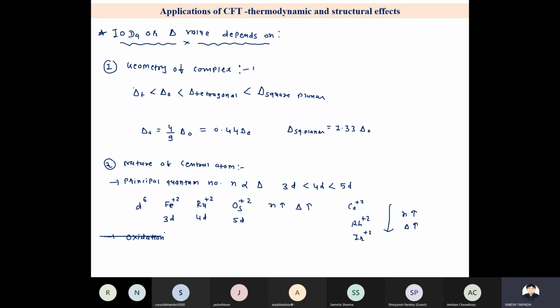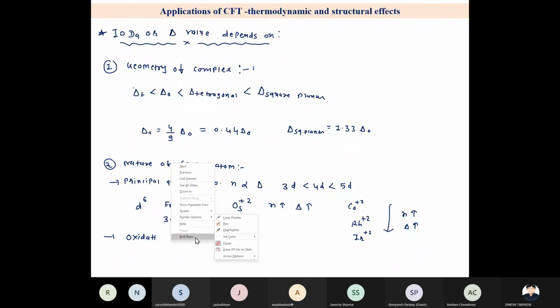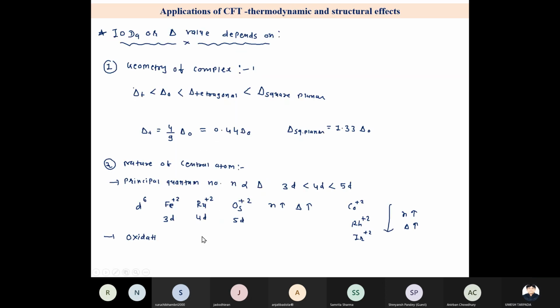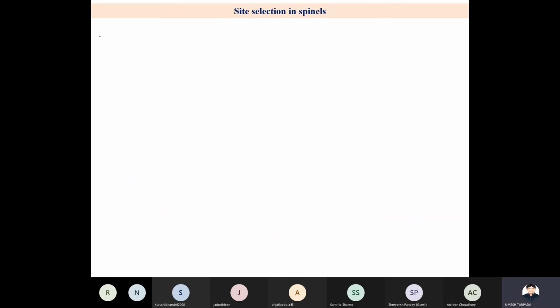Oxidation state. See, second one is oxidation state of metal. That is what happens in the case of oxidation state.